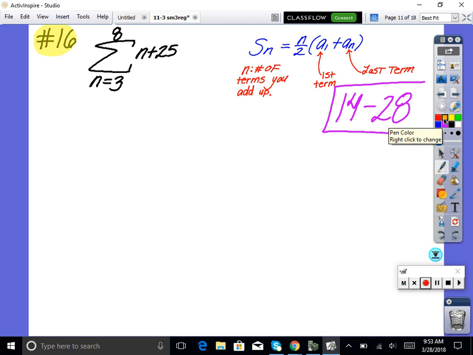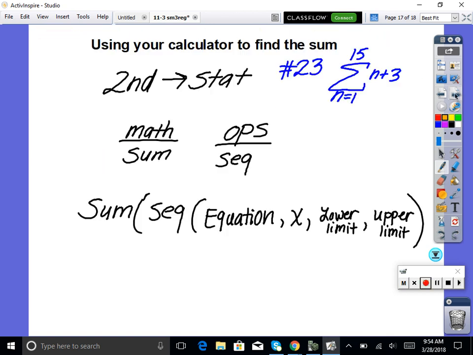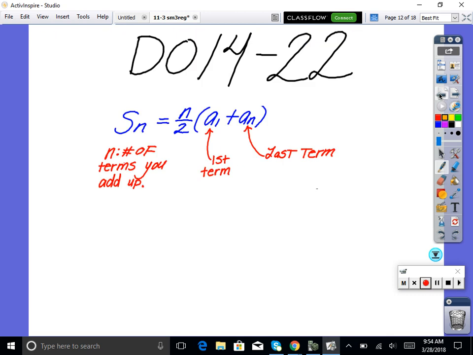Stay with me. So you're going to set it up like this. You're going to hit second. Everybody hit second that does not have it. Then hit stat. Let me look real quick. Yeah, hit second stat.